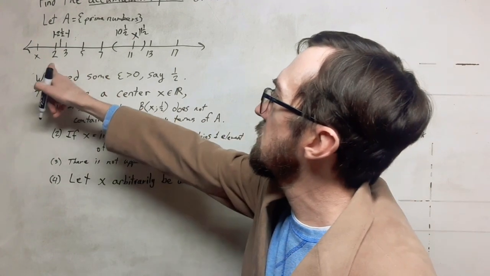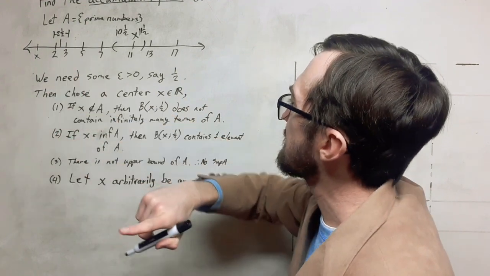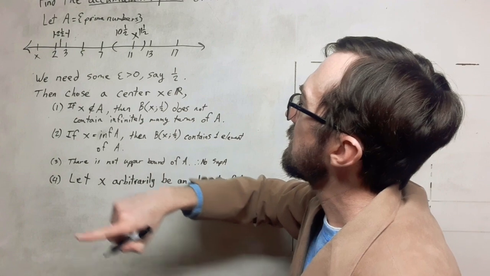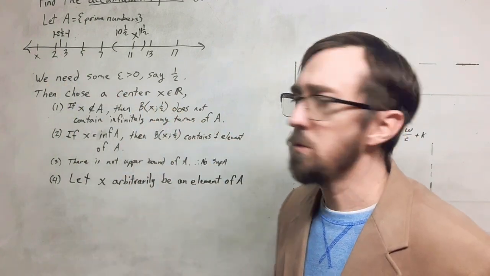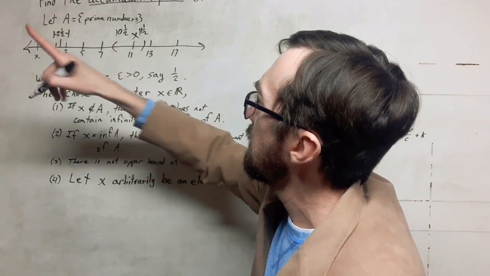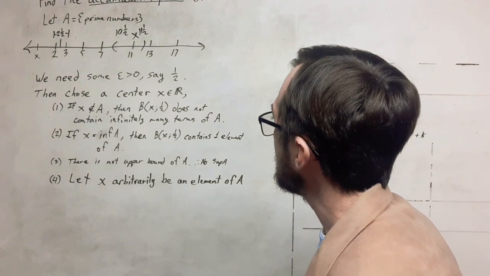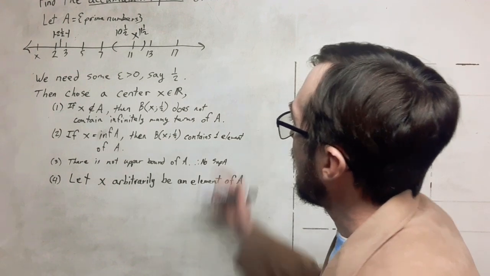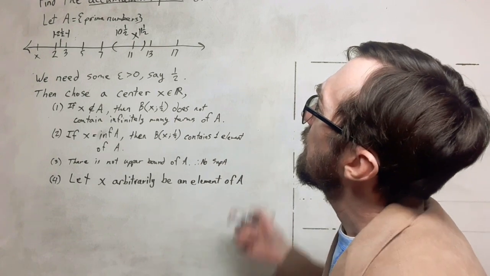We've already considered 2 and it didn't work because that was the infimum of the set. All right. 2 and 3 were really close together. That's as close as you can get. And choosing the midpoint between those also didn't work for us. So I think these are about the 4 cases we really need to consider.